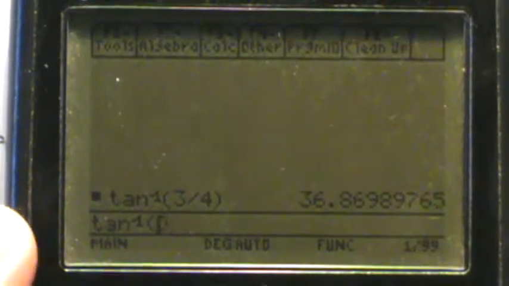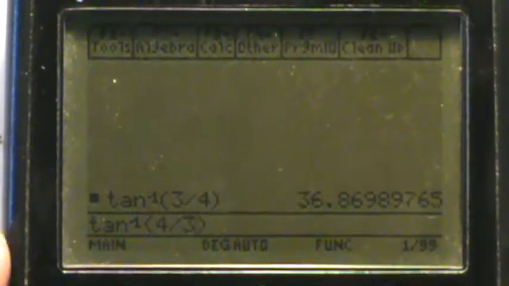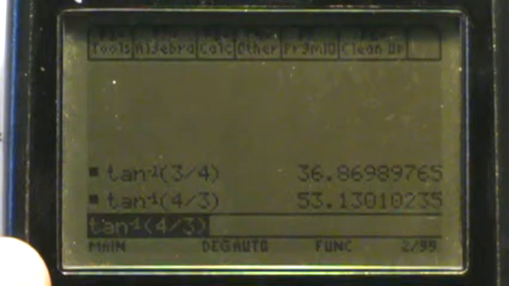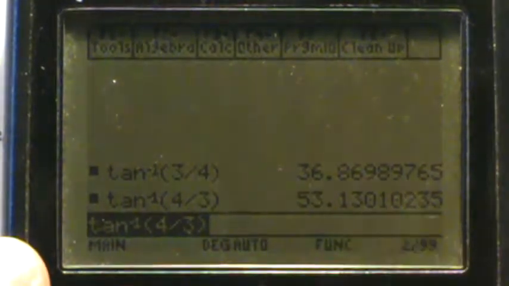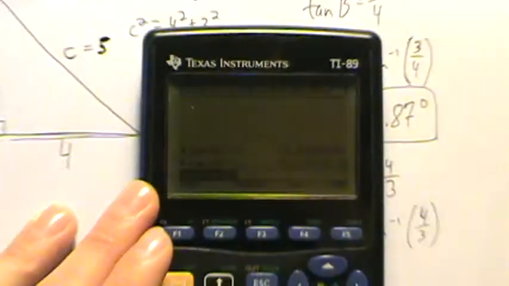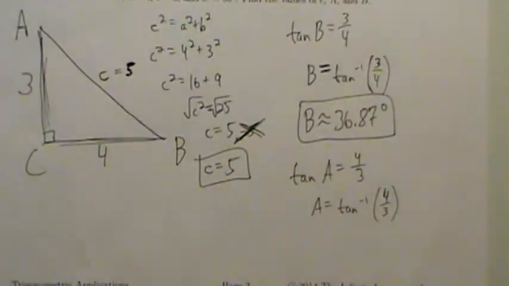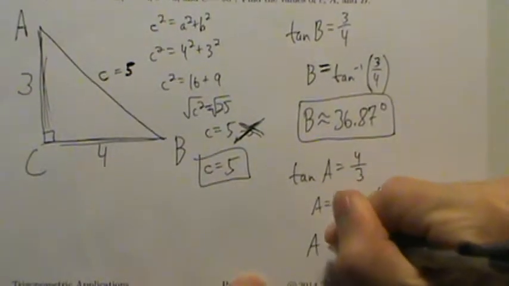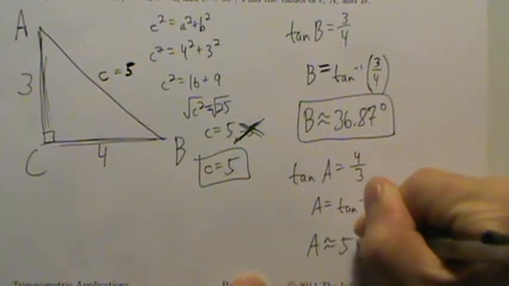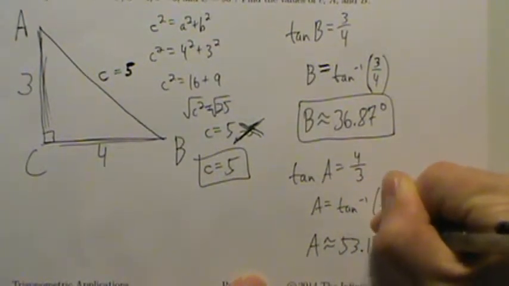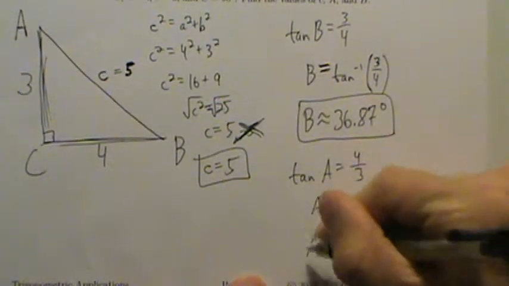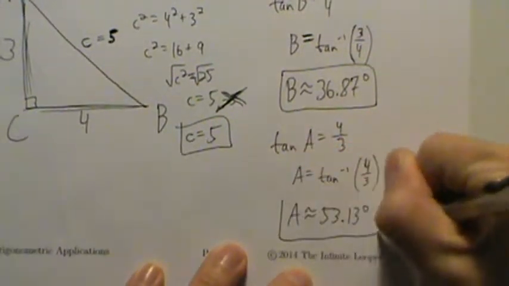We want the inverse tangent of 4 over 3, and again, make sure we're in degree mode. This is approximately 53.13, rounded to 2 decimal places, 53.13 degrees. So A is approximately 53.13 degrees. And that's our answer there for A.